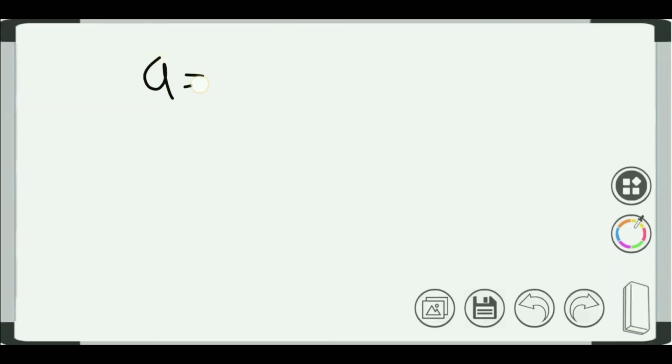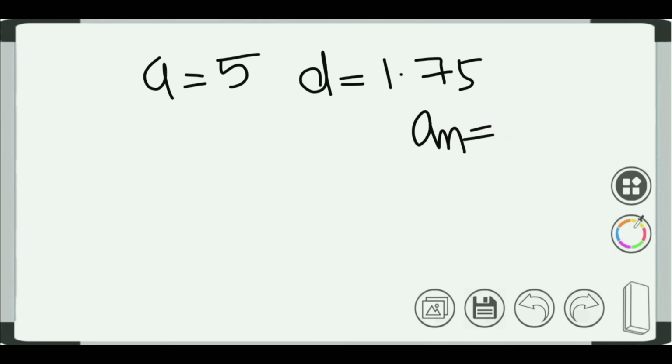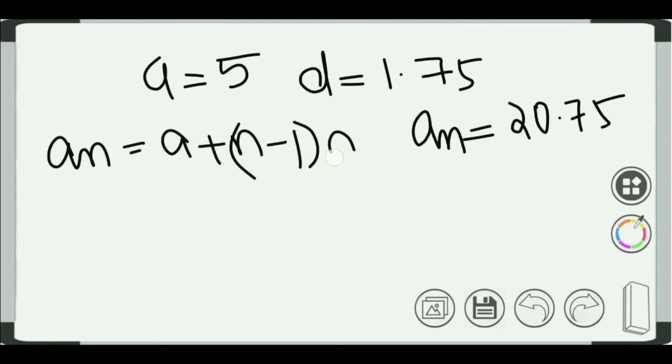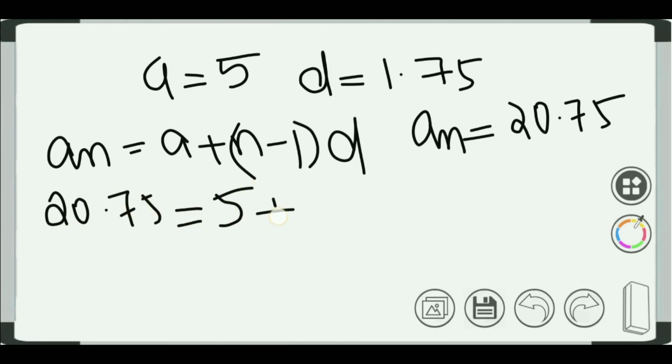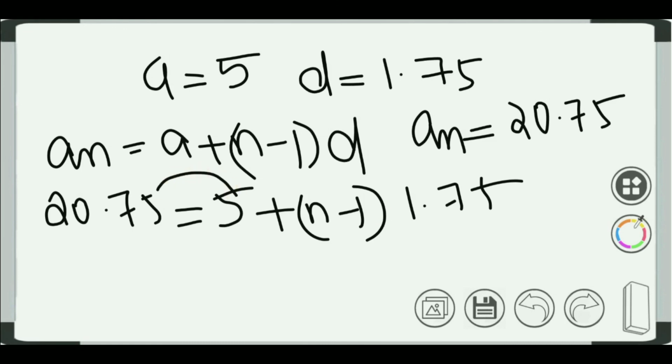So take a is equal to 5, d is equal to 1.75, an is equal to 20.75. Substitute in this formula, an is equal to a plus n minus 1 into d. 20.75 equal to 5 plus n minus 1 into d, d is 1.75. Now I am taking both this side.